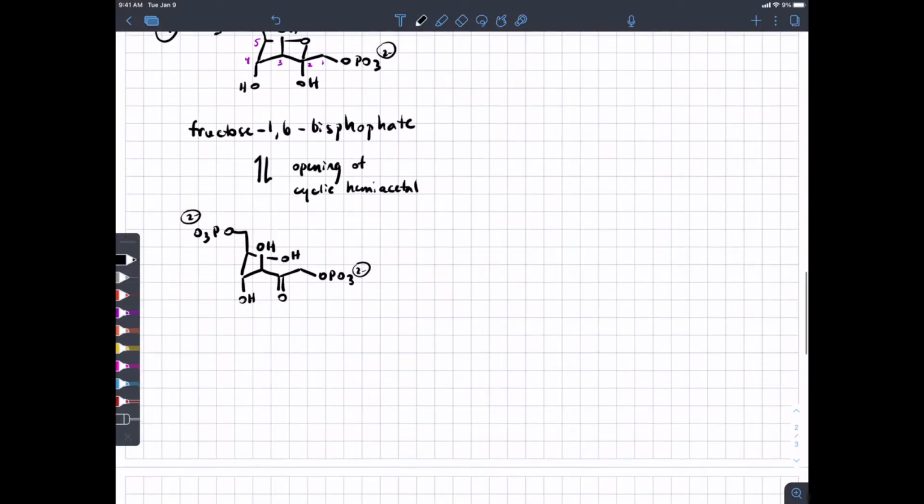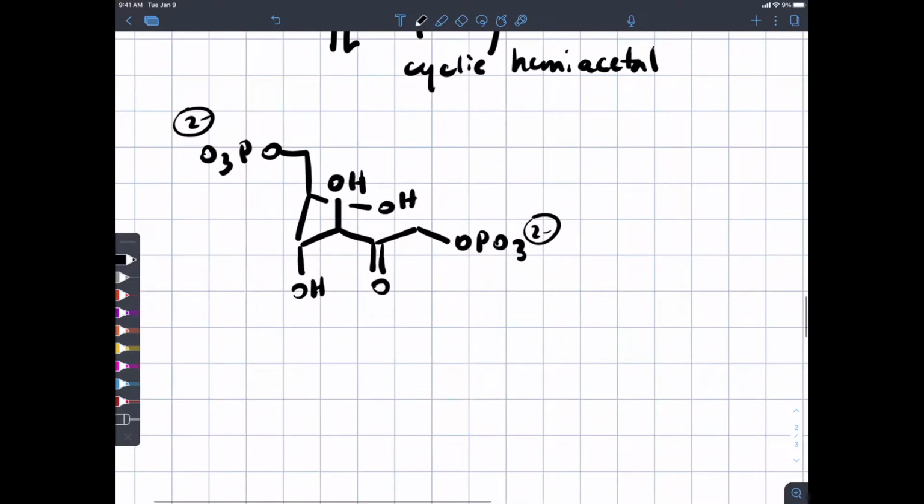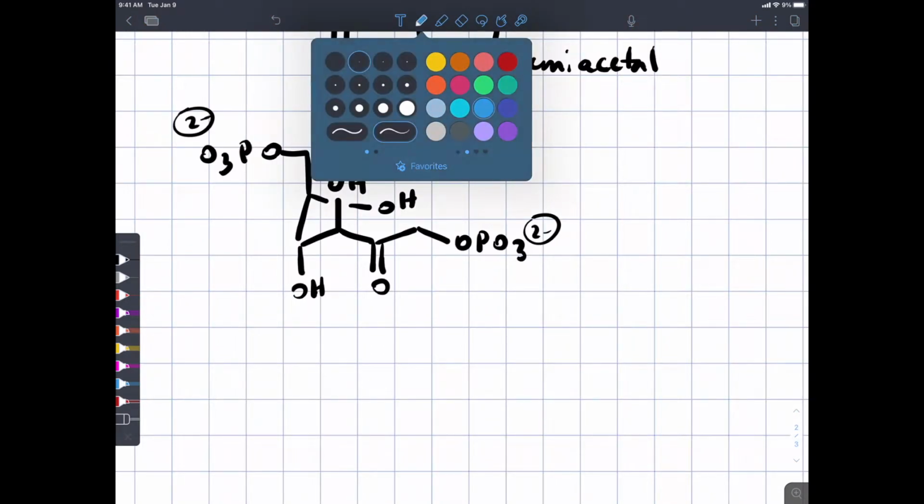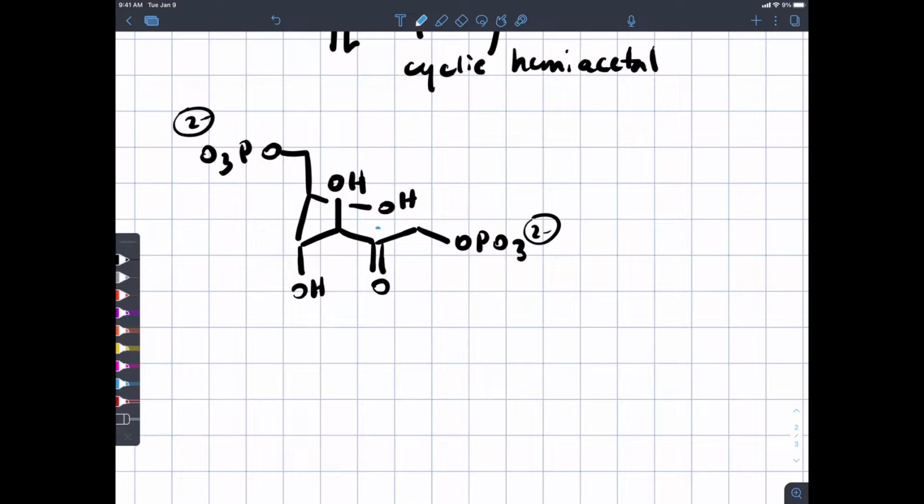Okay, and looking at that open chain form, you have carbonyl carbon, alpha carbon, and beta carbon. That is a beta hydroxy carbonyl compound. We can break it apart via a retroaldol reaction.